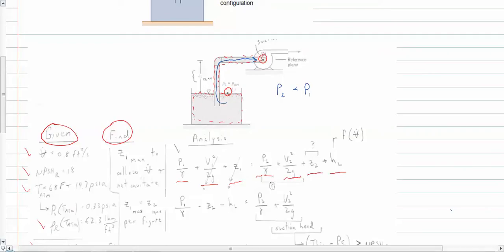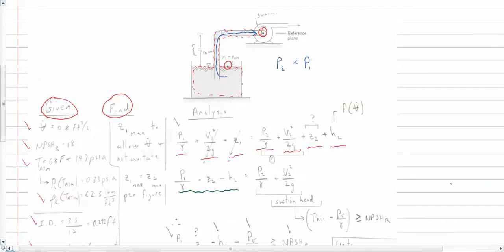So now we reduce it, and we solve and group things based on our knowledge of net positive suction head. So we've grouped P1 with Z2 and HL. The remaining items on the right-hand side are P2 over gamma plus V2 squared over 2g. This is called the suction head, and it's really the stagnation head at the inlet to a pump. This value minus Pv over gamma, where Pv again is the vapor pressure, does equal your net positive suction head.